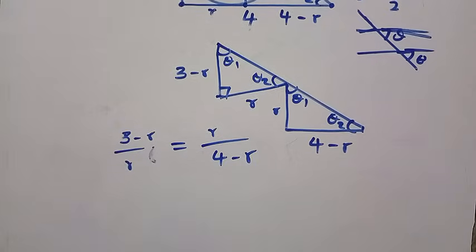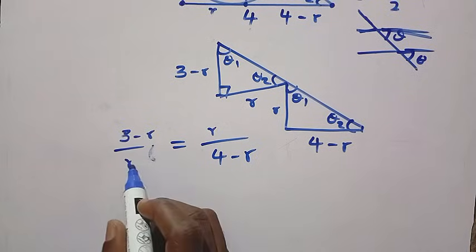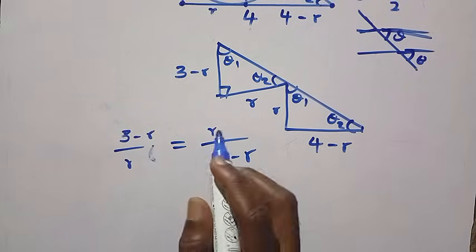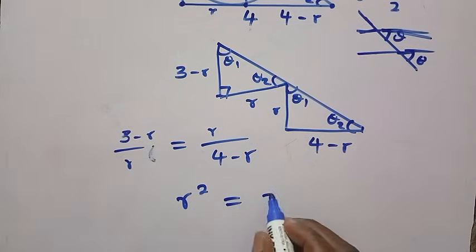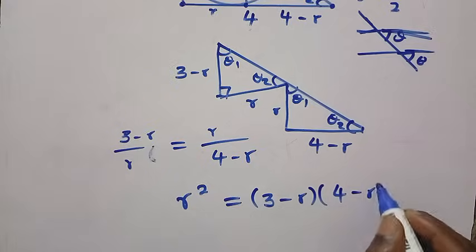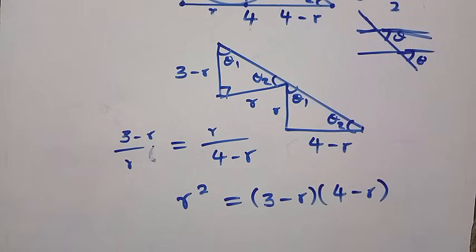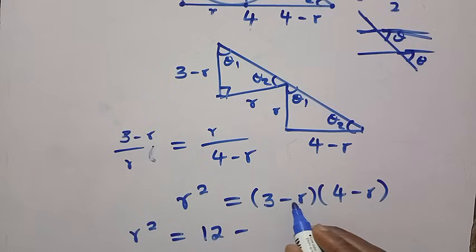Then by solving this, we cross multiply: r multiplied by r gives r squared, equals 3 minus r multiplied by 4 minus r. So here is r squared equals 3 times 4, that is 12, minus 3 times r, minus 3r, minus r times 4, minus 4r.